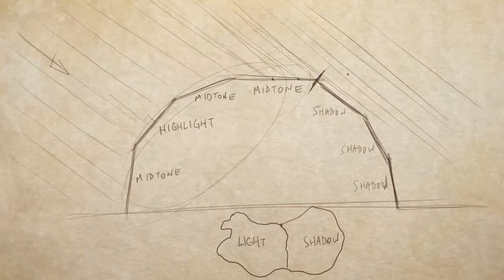The border is always in between midtone and shadow. That's where the border is. And that's going to be more important as we progress, but it's important to know that there is a border, and that's between the light or the midtone and the shadow. And the midtone is part of the light side, and the highlight is part of the light side.